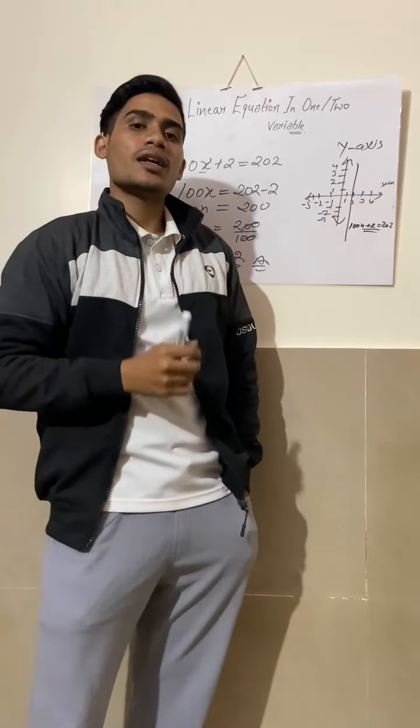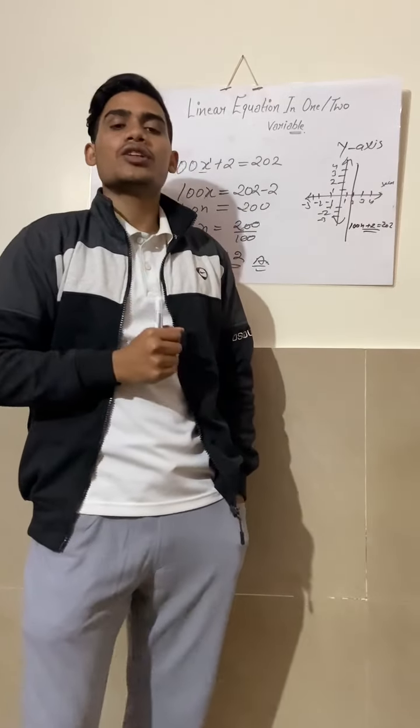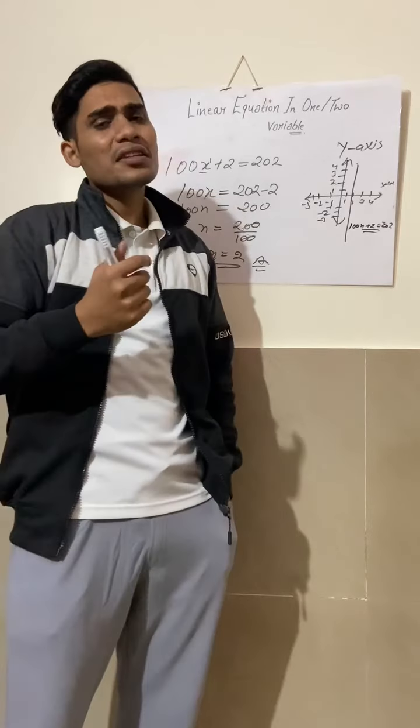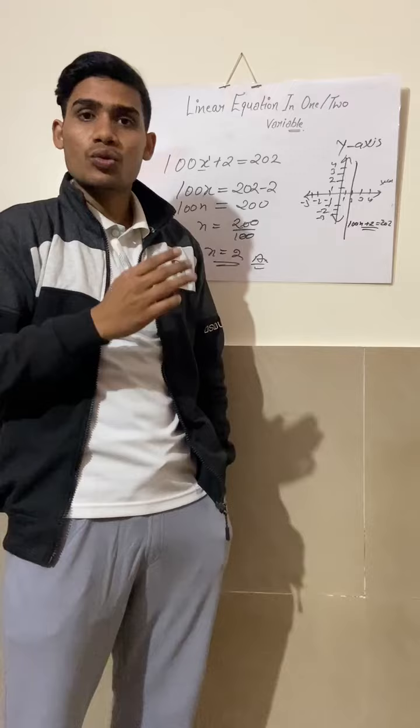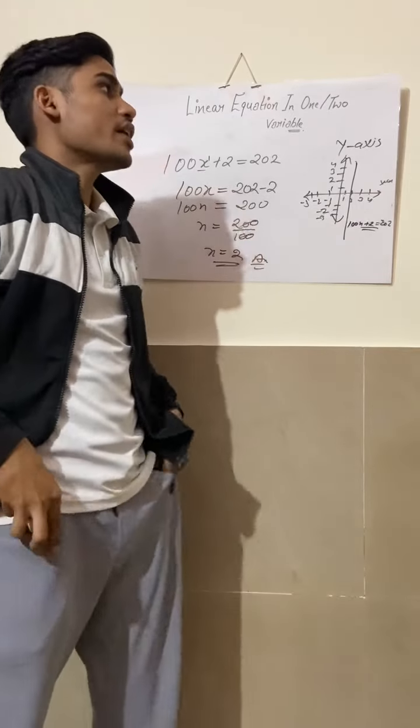Now we'll have a look at another kind of equation, that is linear equation in two variables. As the name suggests, linear equation in two variables means it would have two variables in it, two different unknown values.